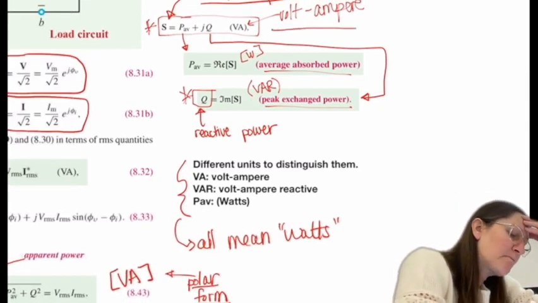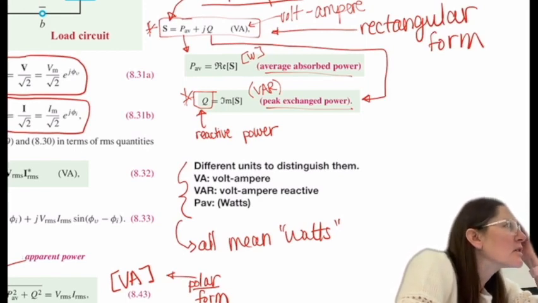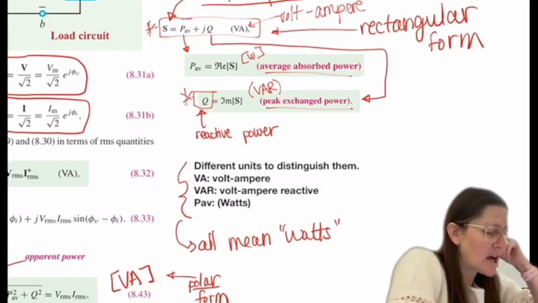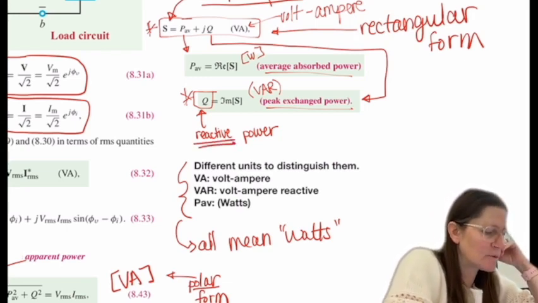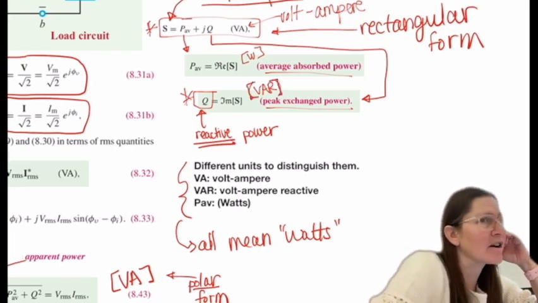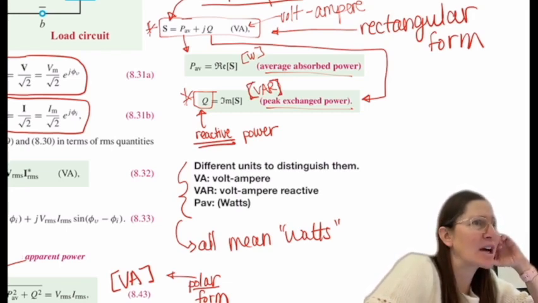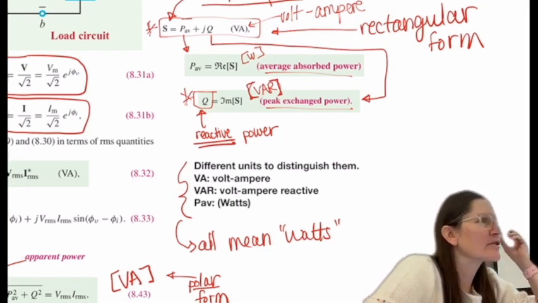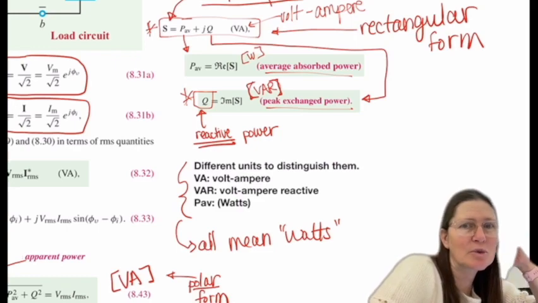Rectangular form is going to tell you the real portion, which is going to be in watts, and then also that imaginary portion, which is called reactive power. So a new term again, reactive power, and that one is going to be VAR, volt ampere reactive. Volt ampere again reflects that it's imaginary, and then R is the reactive portion of it. So VAR is for the imaginary portion.